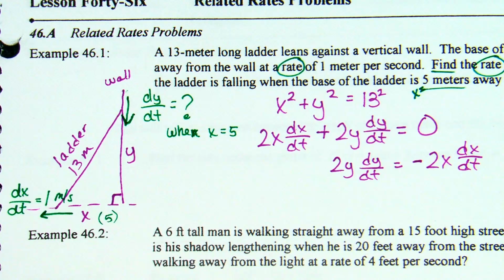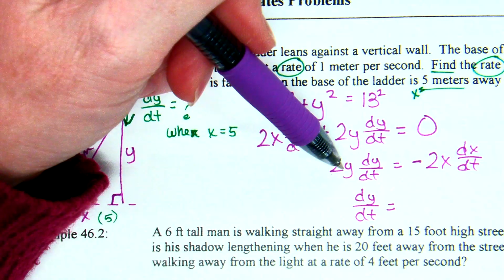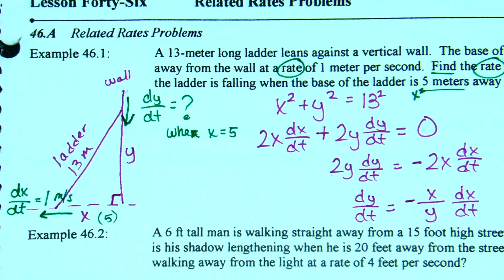Divide by 2y. So then dy/dt equals, now, what is negative 2x divided by 2y? Can my 2's cancel? When I divide by 2y, my 2's cancel. The negative will still be there. I'll have x on top, y on bottom, and then I'm going to put dx/dt next to it.